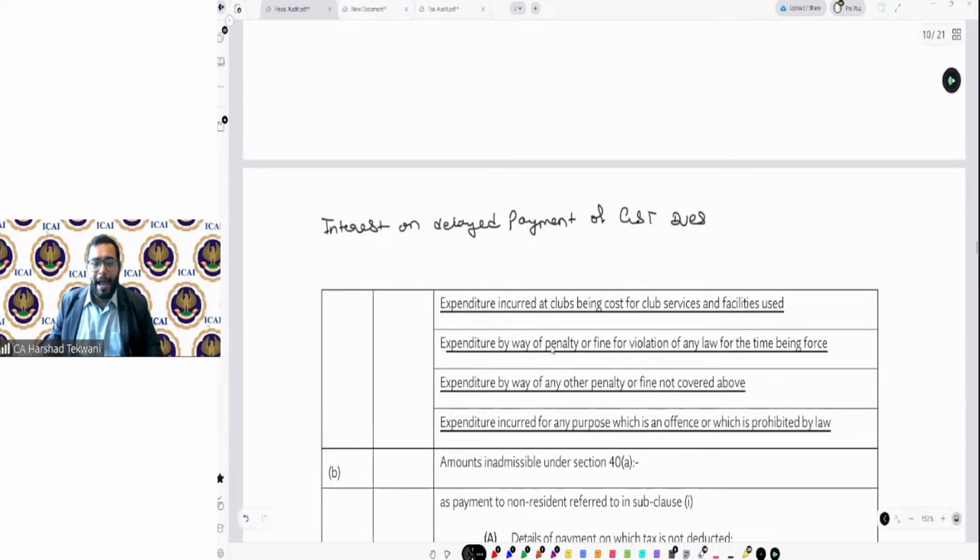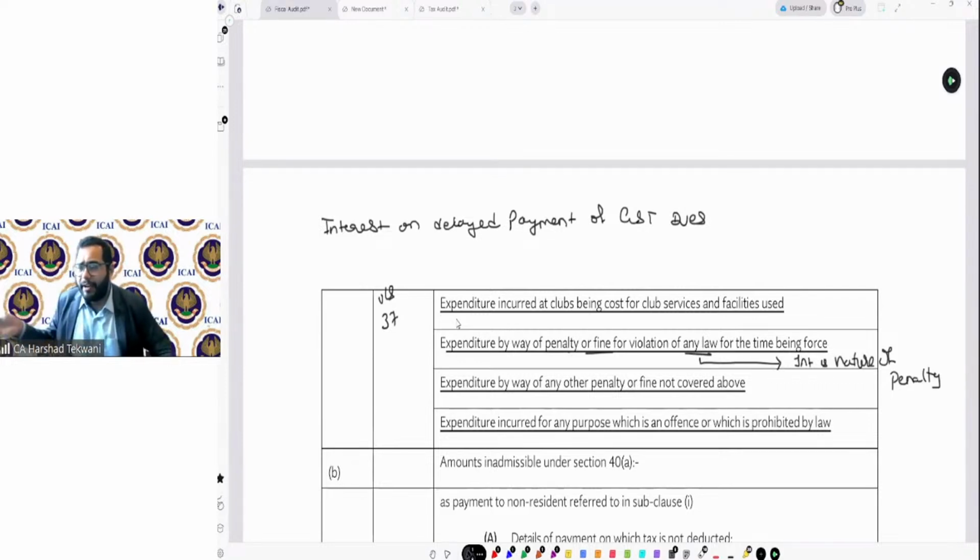Now, when I talk about expenditure by way of penalty, fine, violation, that is covered in section 37 of the Income Tax Act, and these are disallowed. So section 37 talks about amounts which are not allowable, which are either penalty or fine. Also, I need to see under the law whether the interest is in the nature of penalty.